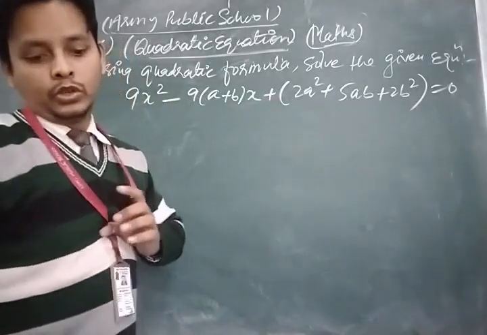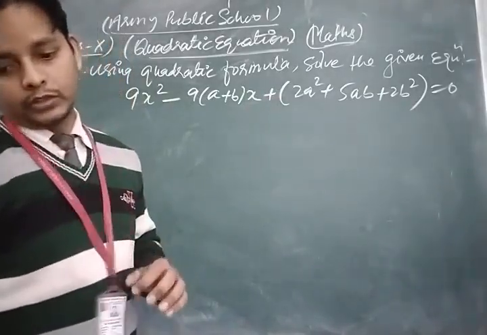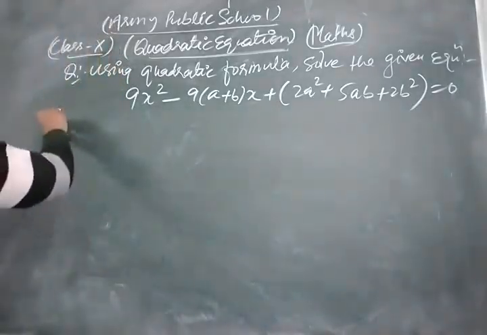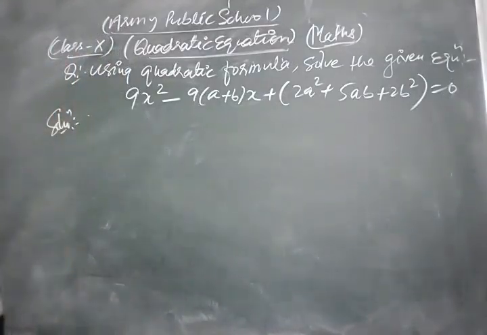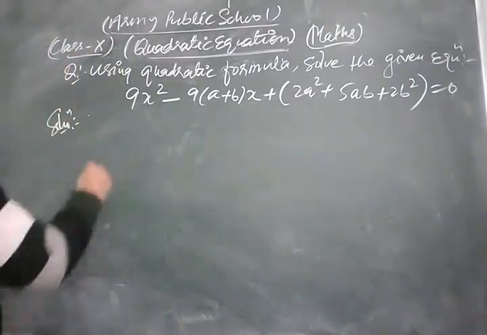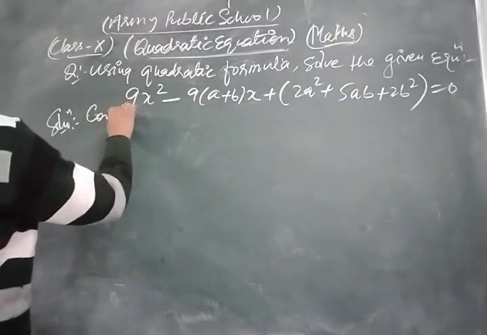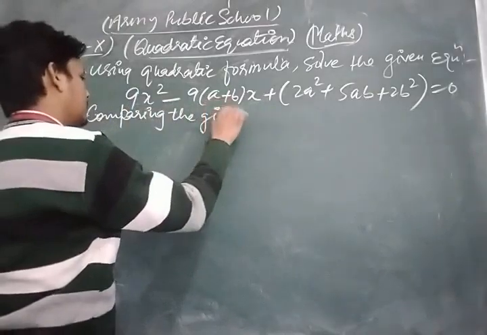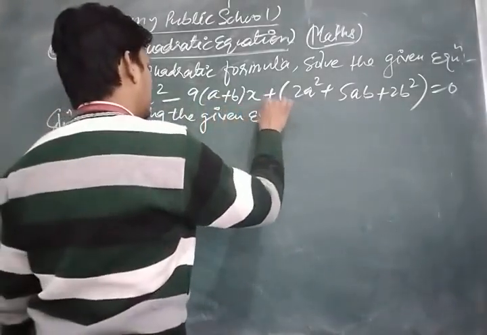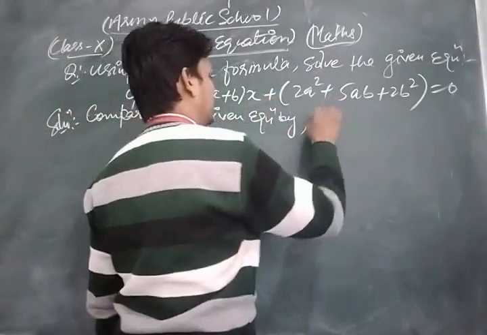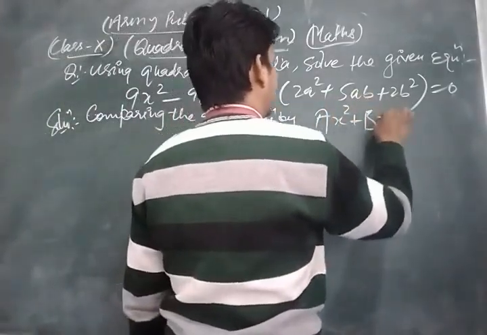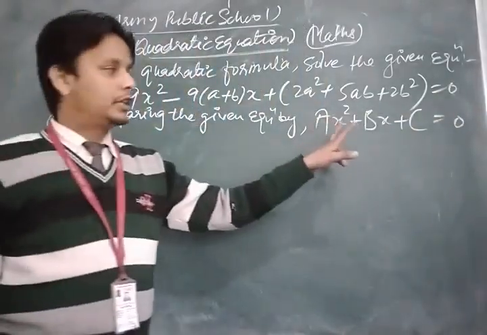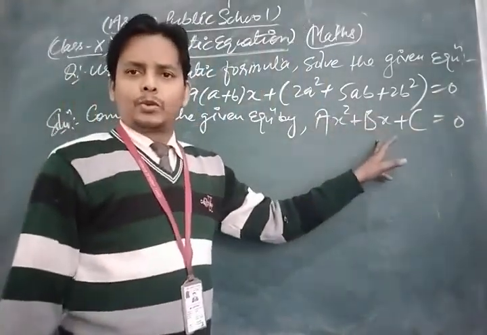We solve the given equation by using the formula. First of all, we compare the given equation with ax square plus bx plus c is equal to 0, because, dear students, this is the general form of the quadratic equation.